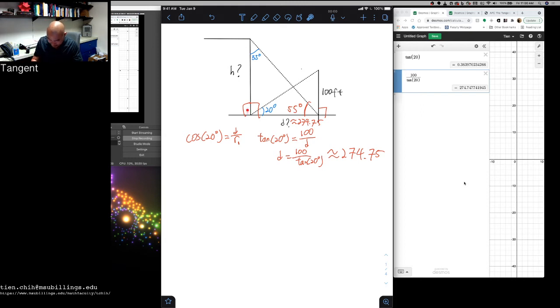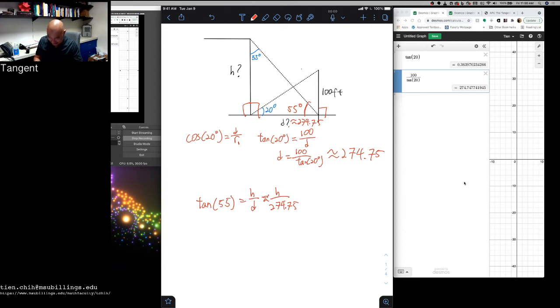So if I'm just looking at this height, this is 55 degrees, so tangent of 55 is h over d, which is about h over 274.75.